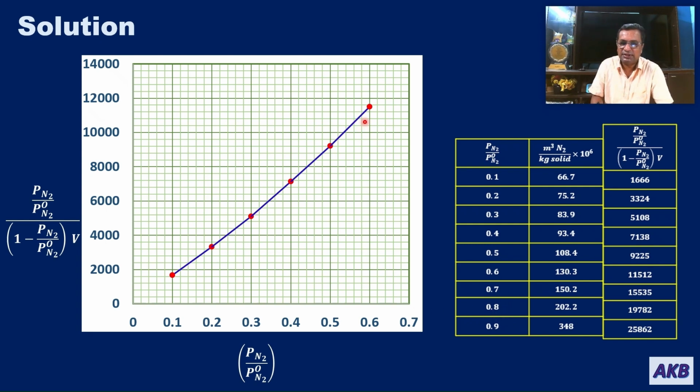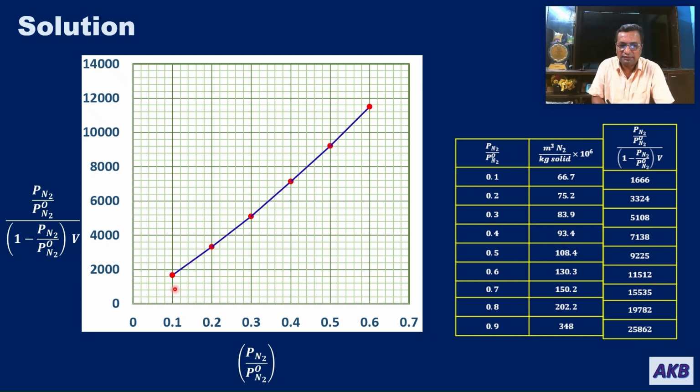But we need to consider a straight line for using the BET adsorption isotherm. So the straight part of the curve is up to values 0.6, and accordingly I have used those values.